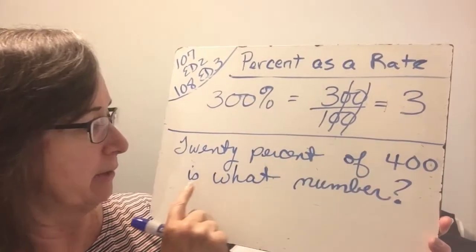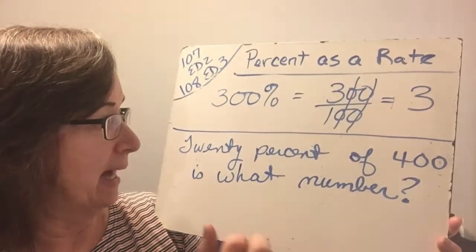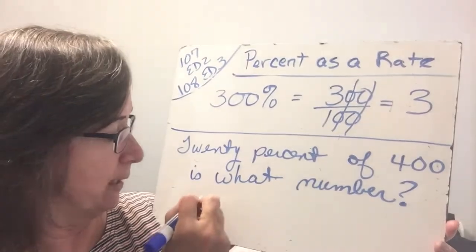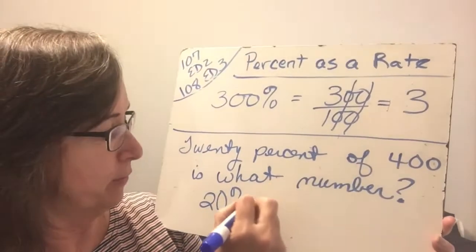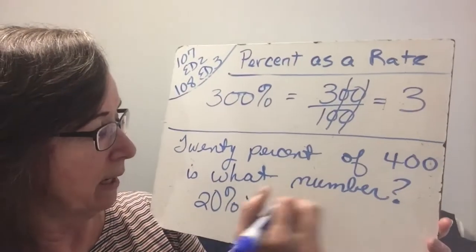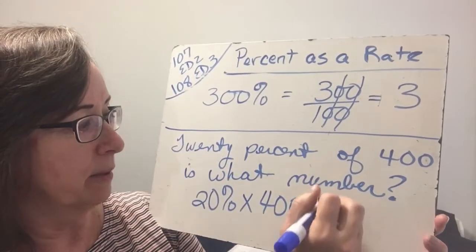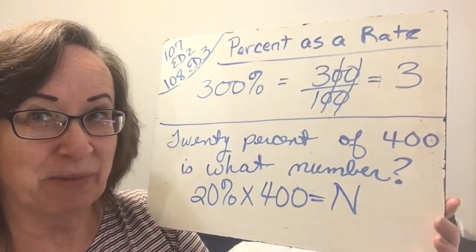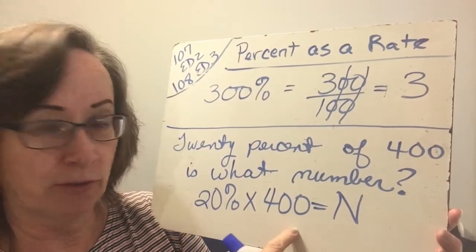20% of 400 is what number? Oh, well, this one's easy because 20% we can write as 20% of, we write as times, 400 is what number? On this one, we only have to perform the math. 20% of 400.